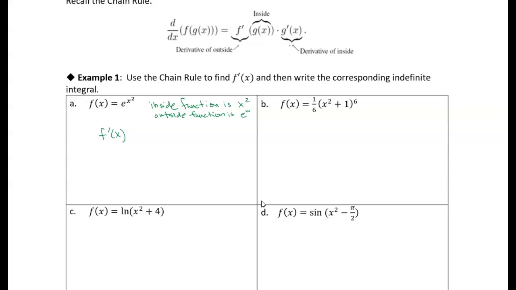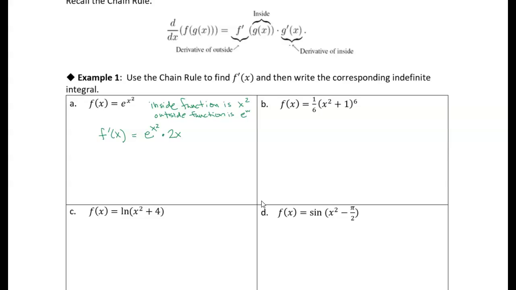So first we want to use the chain rule to take the derivative of this, right? So f prime of x is just the derivative of the outside function. Now the derivative of e to the x is e to the x, so we get e to the x squared, right? We're going to leave the inside function inside, but we took the derivative of the outside function. And then we're going to multiply times the derivative of the inside function, which is the derivative of x squared, which is 2x. Okay, so that's the derivative of e to the x squared. And so now, what does that mean if we want to reverse that?